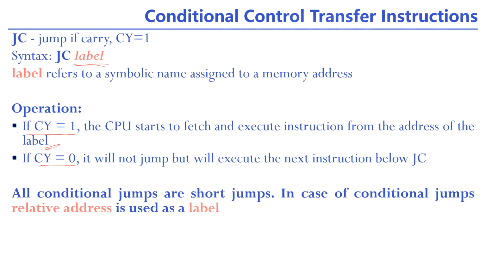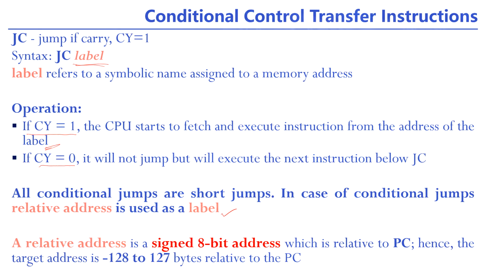In case of conditional jumps, a relative address is used as a label, and a relative address is a signed 8-bit address which is relative to PC. Hence, the target is always between minus 128 bytes to plus 127 bytes relative to PC.